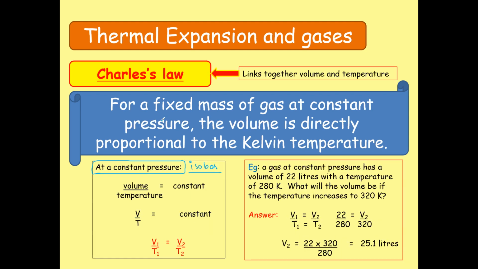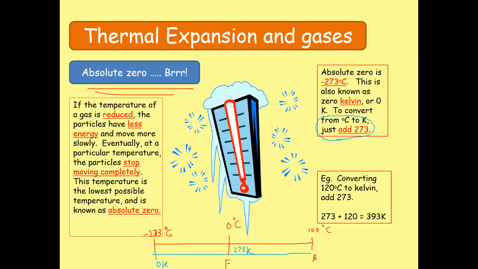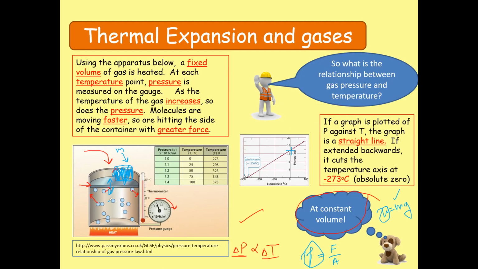So what is Charles's law? For a fixed mass of gas at constant pressure, the volume is directly proportional to the Kelvin temperature. Remember, fixed mass is also a very important factor. In both cases, which I missed discussing, we cannot change the mass, because the gas is entrapped inside, so the mass of the gas is not going to change.